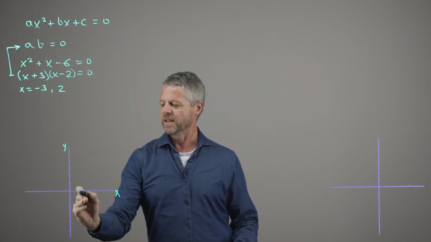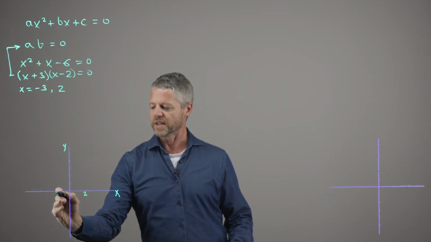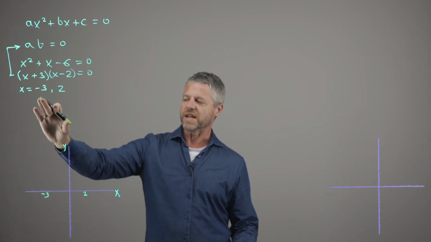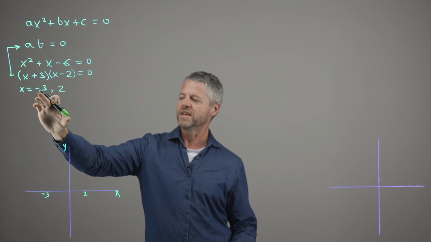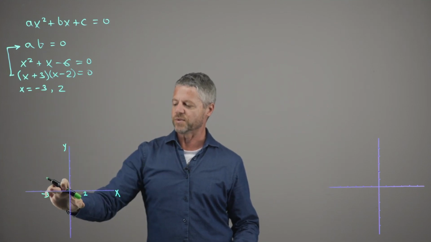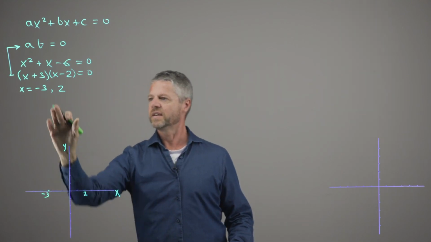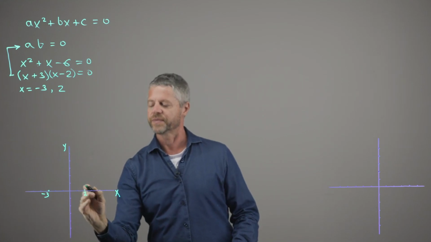If I mark off 1, 2, this is 2, and then this is minus 3, because our parabola is going to pass through the point x equals minus 3 and y equals 0, and x equals 2 and y equals 0, which is here.